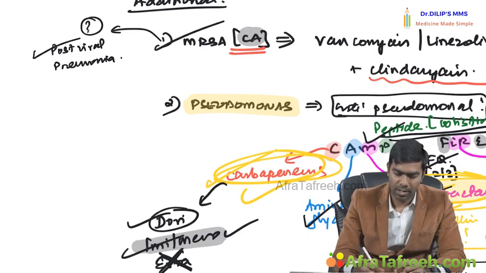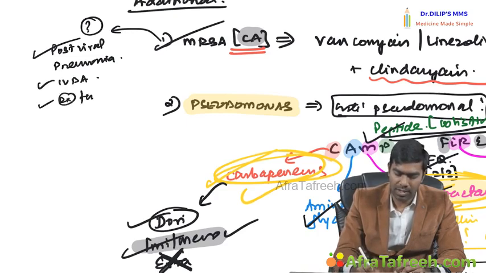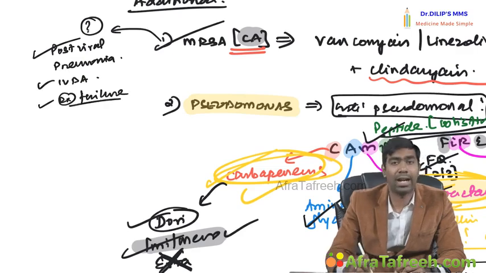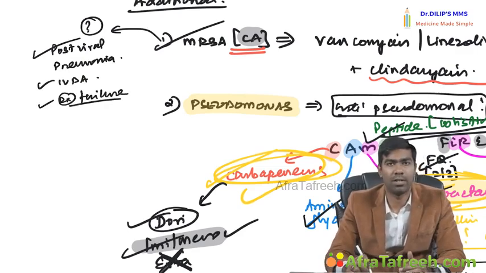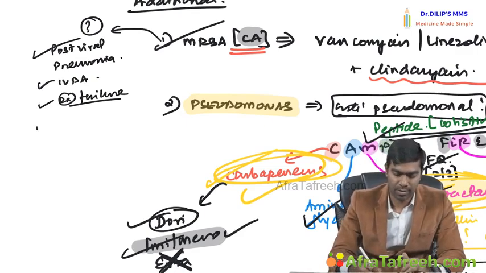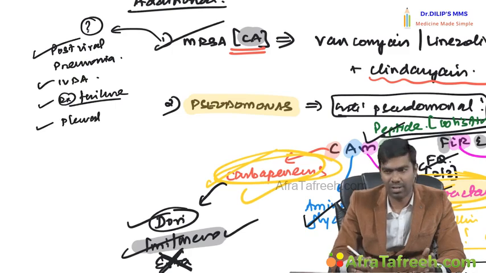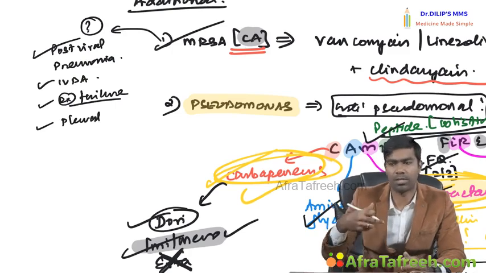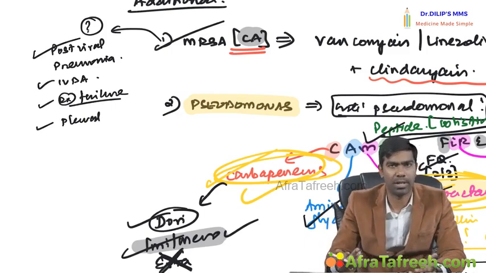Clear? Then, if the patient is an IV drug abuser, or if the patient is having treatment failure with your routine antibiotics, your regular antibiotics that you have given. Or if the patient is having pleural-based nodules, this actually indicates dissemination into pleural-based nodules, which means it's actually septic emboli, that's what it means.